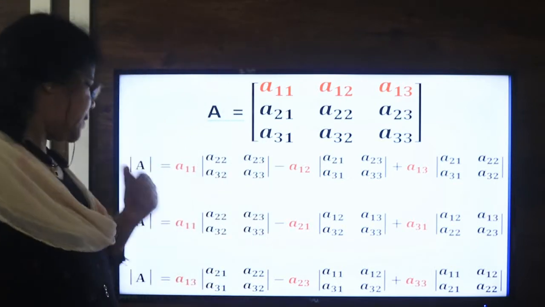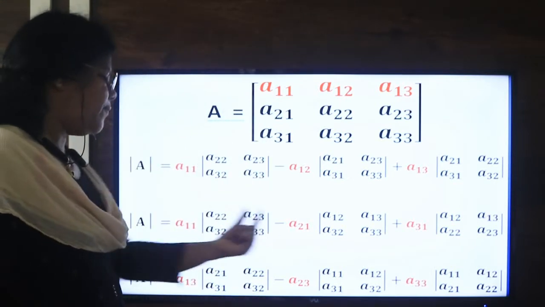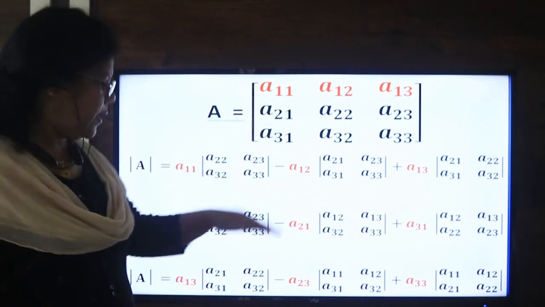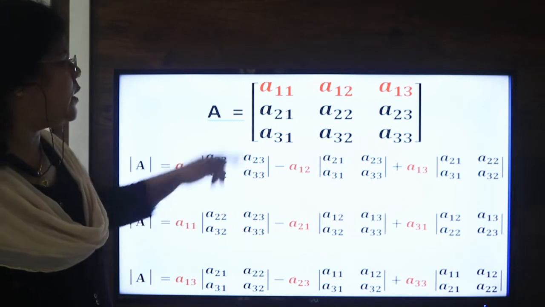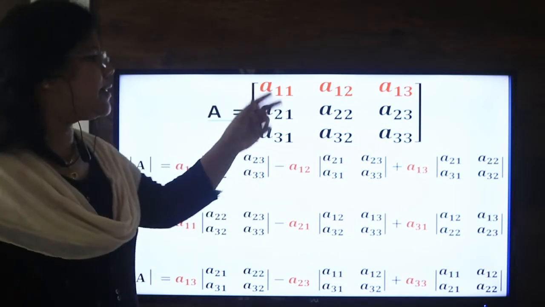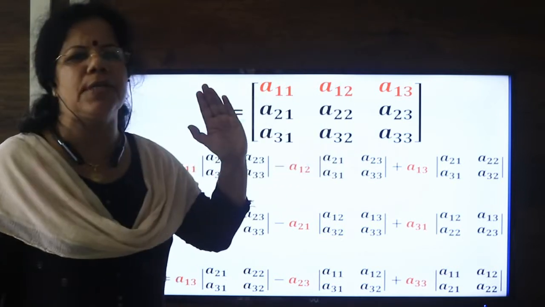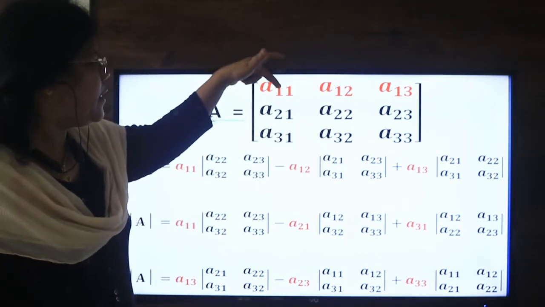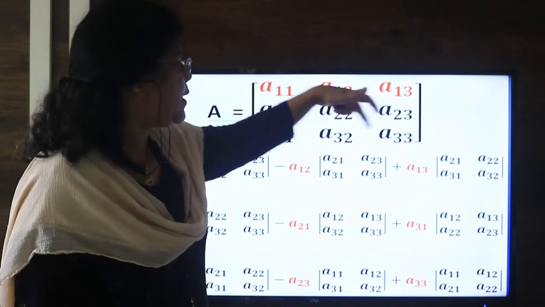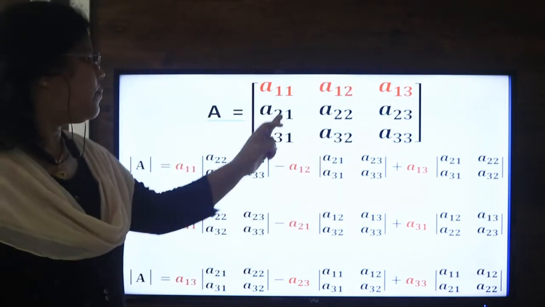Now here another example is taken. A11, A21, A31. This expansion is done using the first column. So again the same concept, same principle is followed. A11 into, deleting that row and column, A22, A23, A32, A33, minus A21.